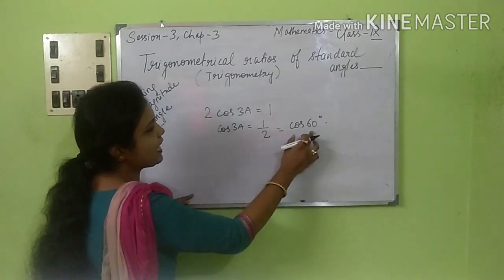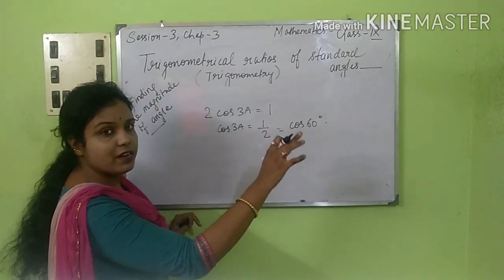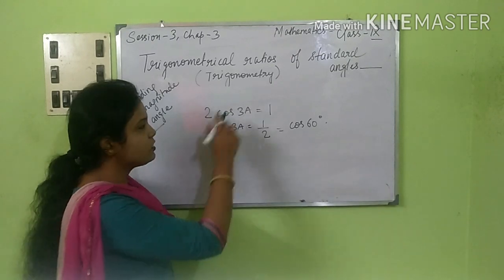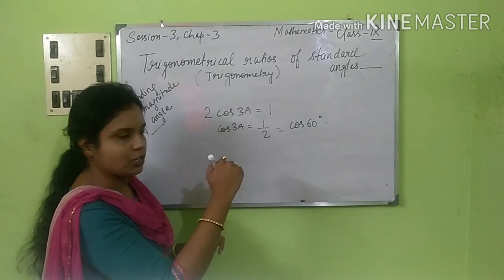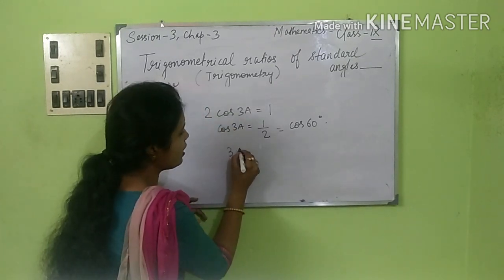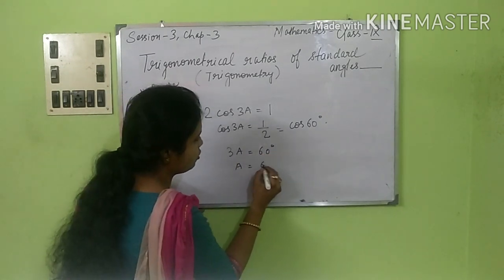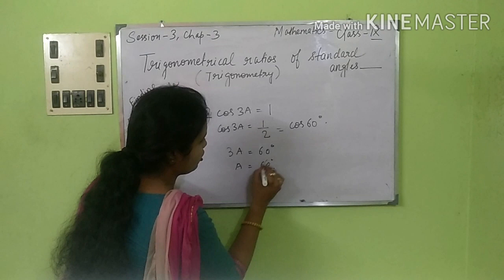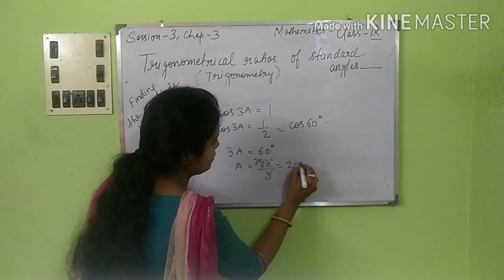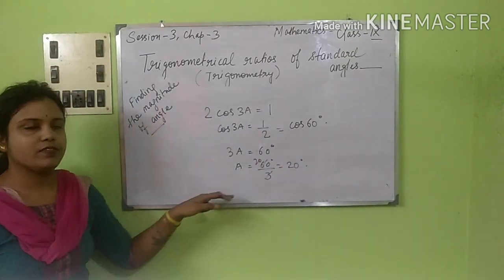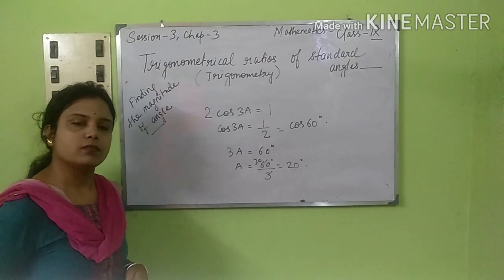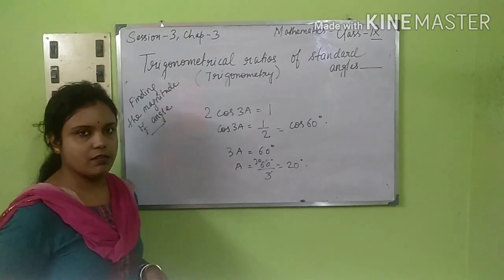So again, cancelling this, you can just simply write it down in the bracket. Please do not cancel like this. Don't strike it off. So 3a is equal to 60 degree, right? So a is equal to 60 degree by 3, you're going to get 20. So answer is 20 degree. So a's value is how much? 20 degree, right? Let's take another example.